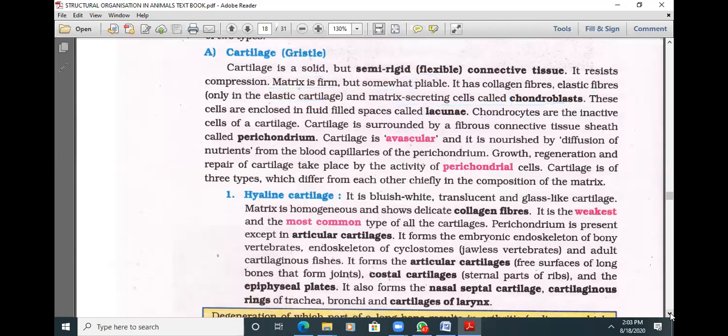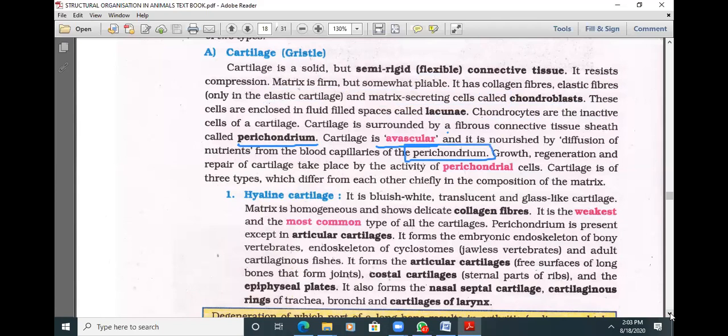Cartilage is surrounded by a fibrous connective tissue sheath called perichondrium. Cartilage is avascular. The total cartilage is avascular, and it is nourished by the diffusion of nutrients from the blood capillaries of the perichondrium.